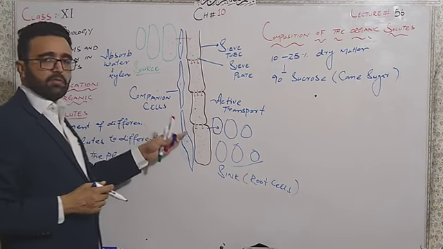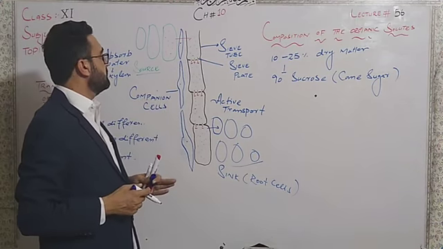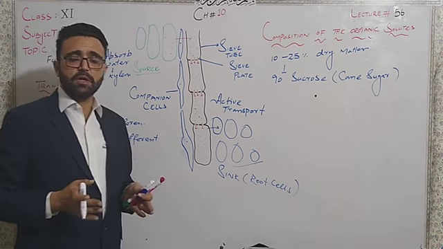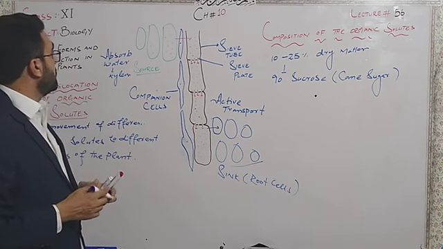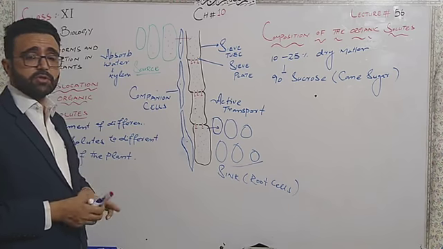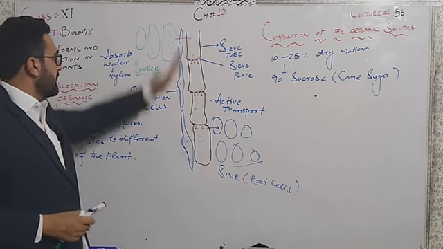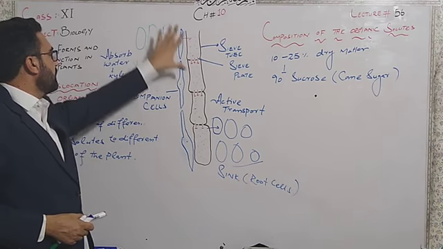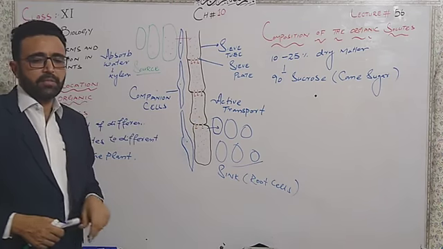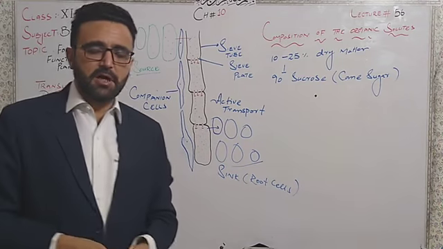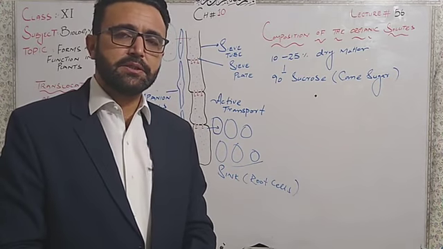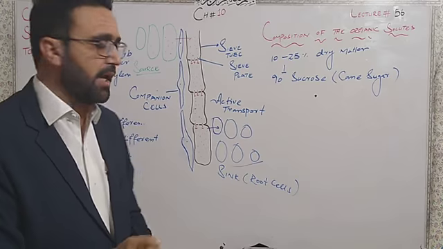And the additional water which is absorbed from the surrounding tissue at the source will be sent back to the xylem, and in that way food goes from the source to the sink. And this is called the Ernst Munch theory, the pressure flow mechanism.